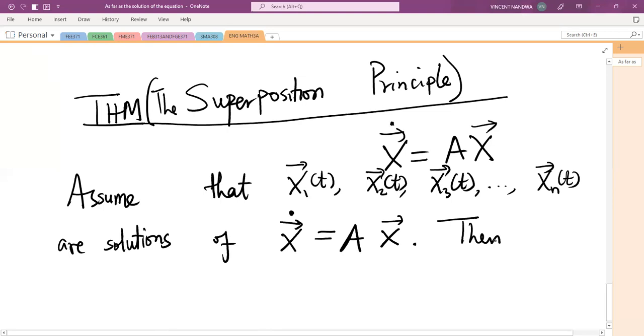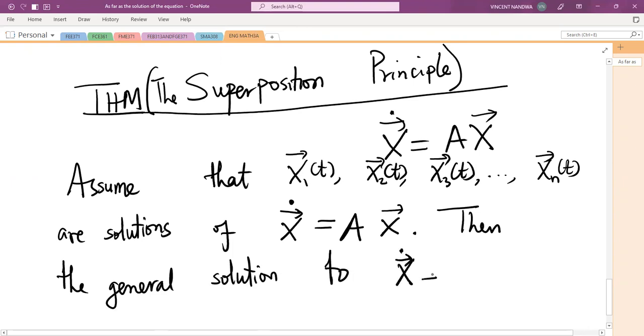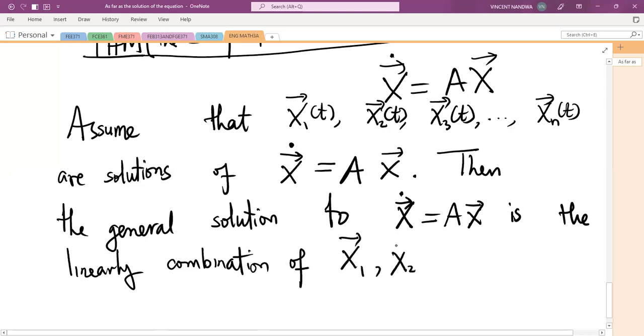Then the general solution to this equation x dot equals Ax is the linear combination of x1, x2, x3 up to xn.